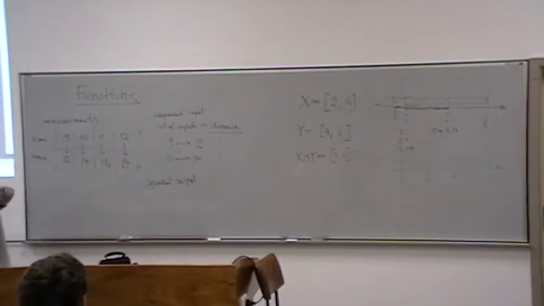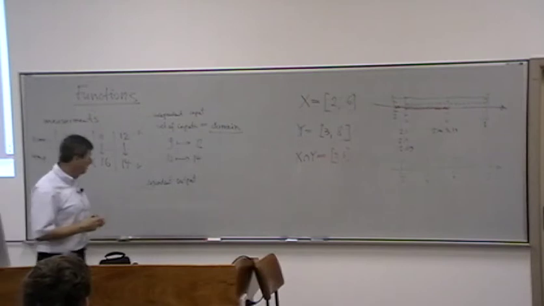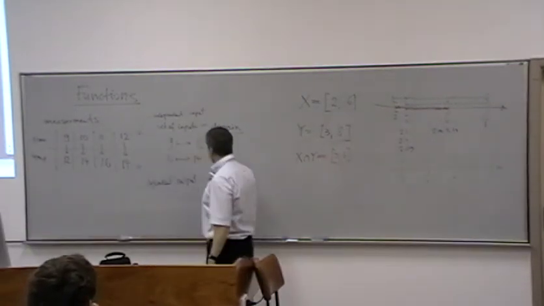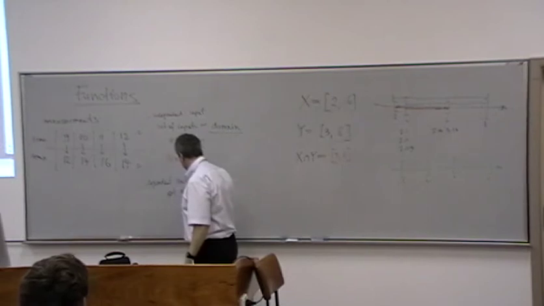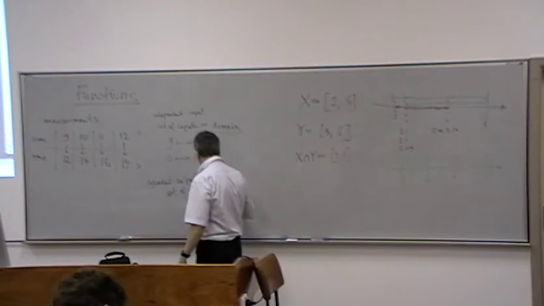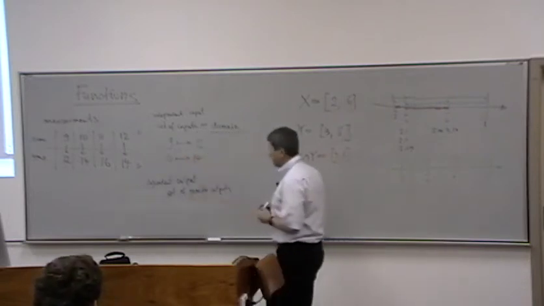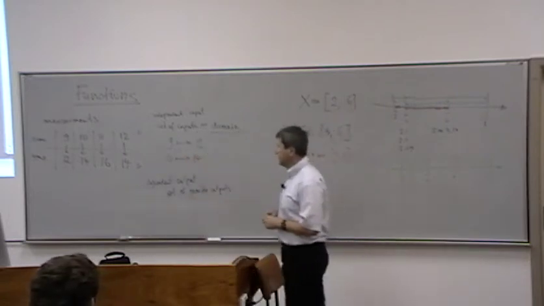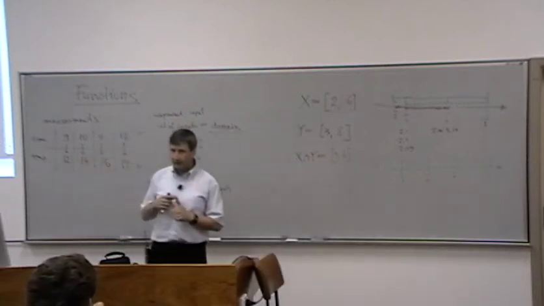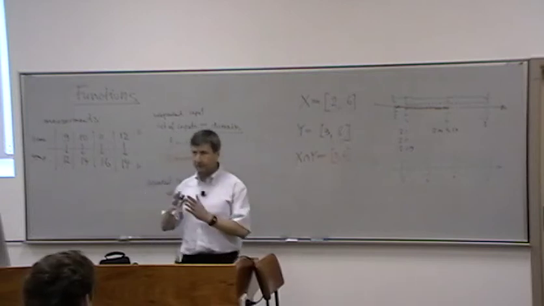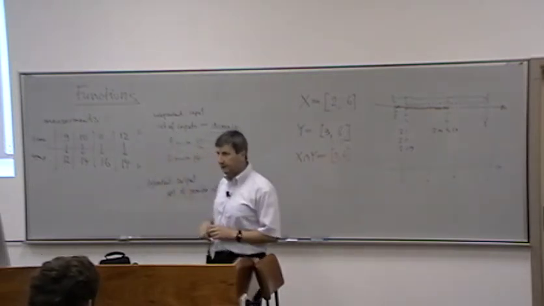And we could actually also think of this set of possible outputs, which makes sense if you have a measuring device. The measuring device would have a certain precision and would have a certain scale.